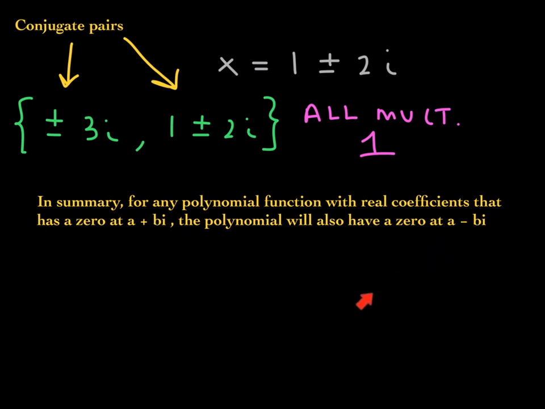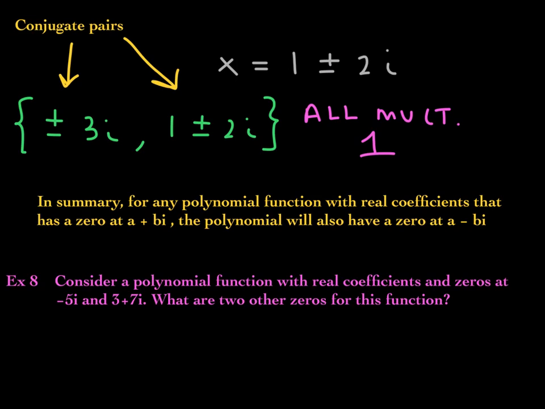That's what we mean by a conjugate. So whenever your solutions are complex, they always appear as conjugate pairs. So if 2 plus i is a 0, 2 minus i is also a 0. If 5 minus 3i is a 0, then 5 plus 3i is also a 0, and so forth.